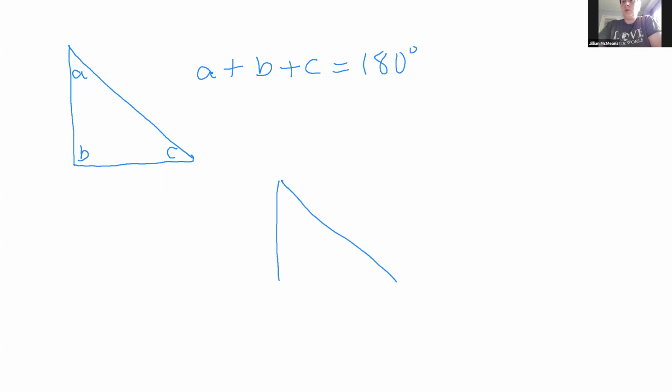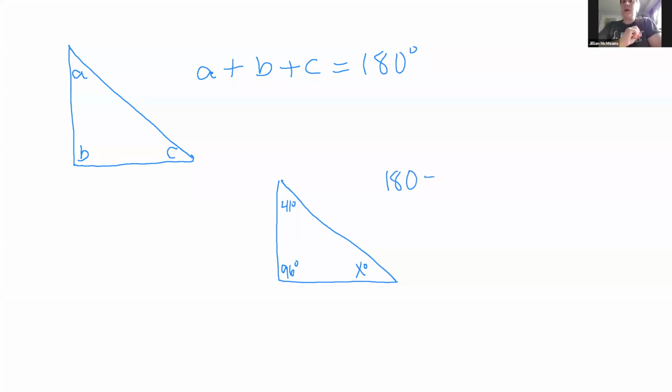Okay, so if I were to give you a triangle like such, I could say that this is 96 degrees. I could say that this is 41 degrees, and then I could say, okay, what is X? Well, we know that the three angles of a triangle have to equal 180 degrees.